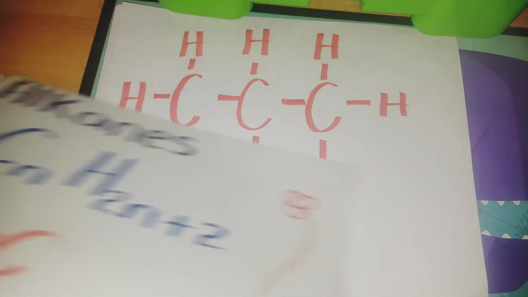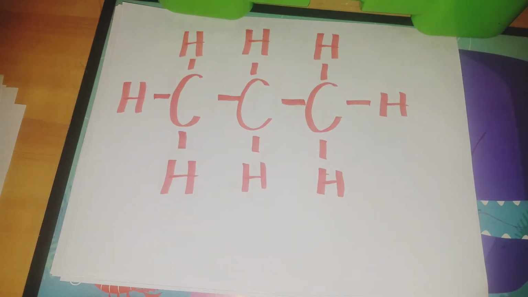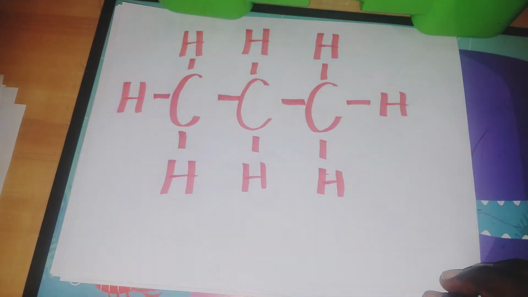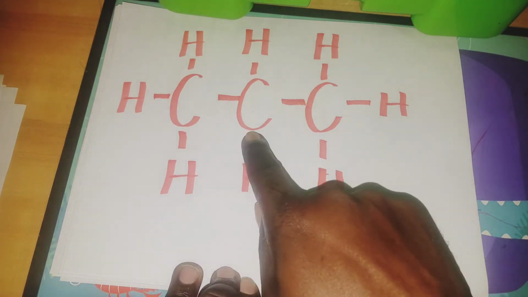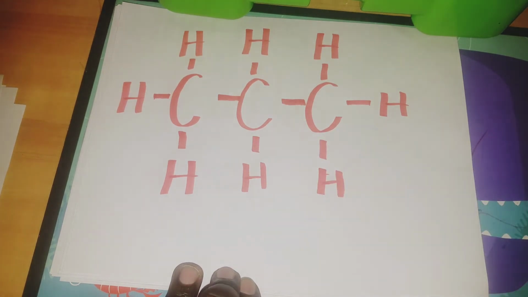And here is an example of an alkane. So this is a 3-carbon alkane. Now, what you're looking for is the carbon single bond carbon, and you're also looking for the number of hydrogens to be 2 times the number of carbons plus 2.